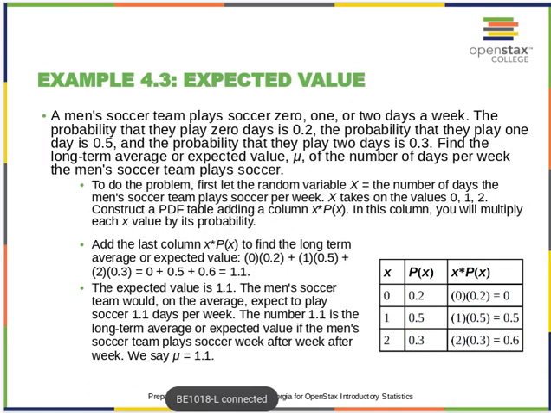Then we're going to look at the expectation of ending up in 1. That's going to be 0.5. And the same for 2, 0.6. Now we add all those values up and we have the true expectation of this distribution. So given all the information we know, given the PDF, given the table, we end up with a mu equal to 1.1. The expected value is equal to 1.1.